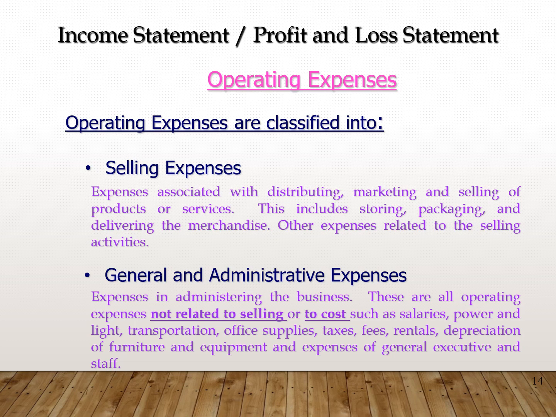While general and administrative expenses are expenses in administering the business. These are all operating expenses not related to selling or to cost, such as salaries, power and light, transportation, office supplies, taxes, fees, rentals, depreciation of furniture and equipment, and expenses of general executive and staff.